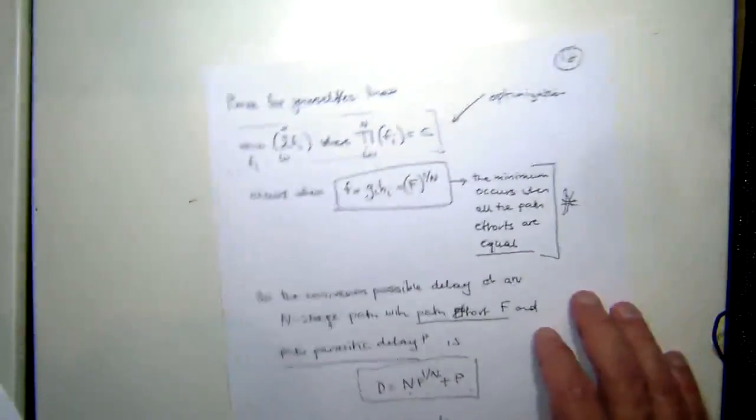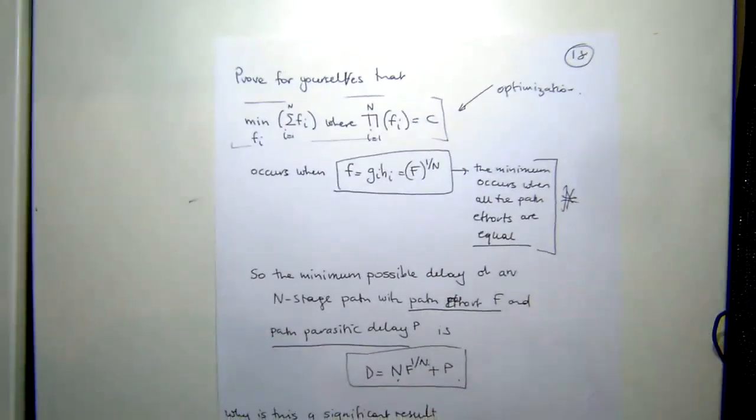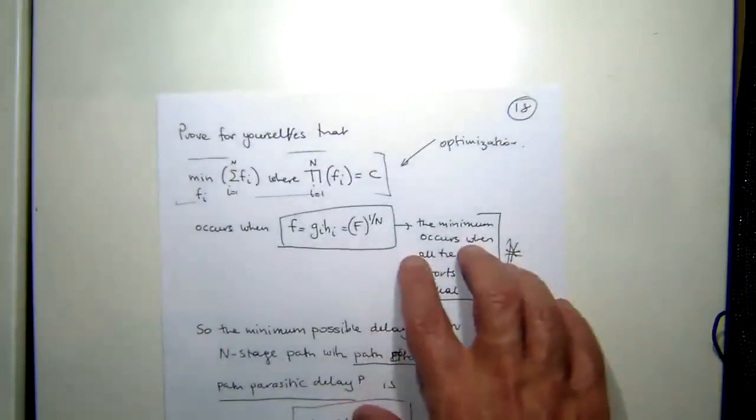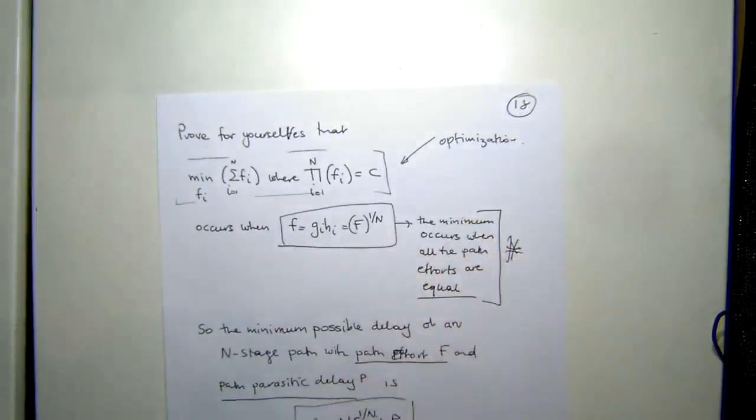We then said, this is all good and great, and it allows us to estimate what our delay is going to be under certain circumstances. How about if we want to work out how we should design each of these components so that we have minimum delay?